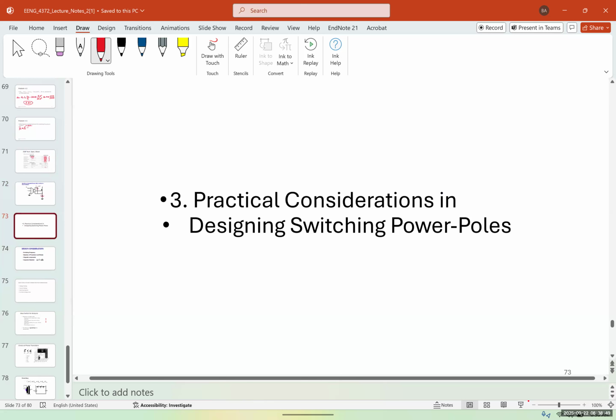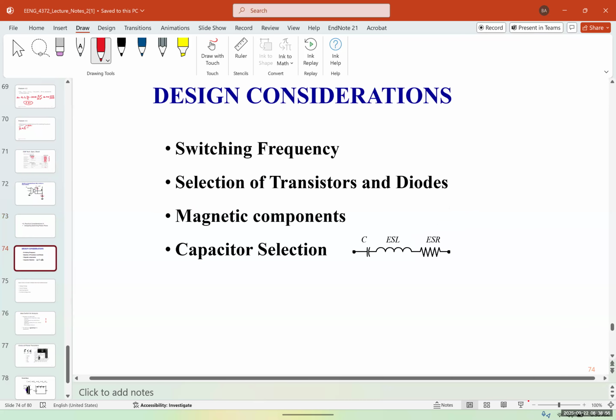So now we want to go through some practical considerations in designing switching power poles. The design considerations that we have are, first is the switching frequency. Again, doubling the switching frequency, we learned it doubles the power loss, so it has a linear relationship to power loss.